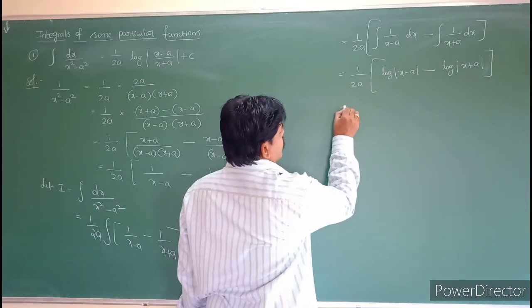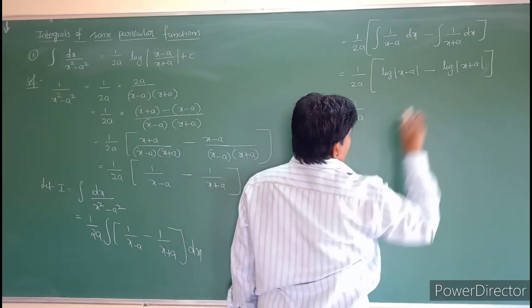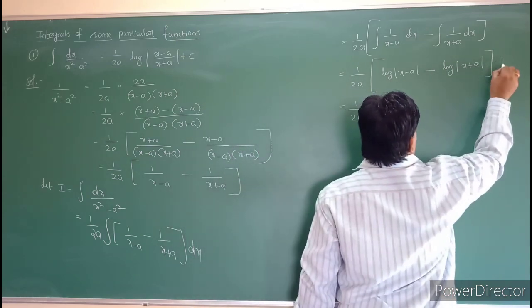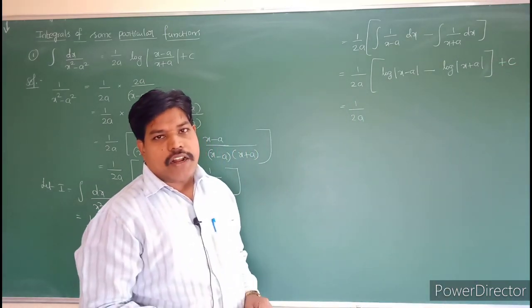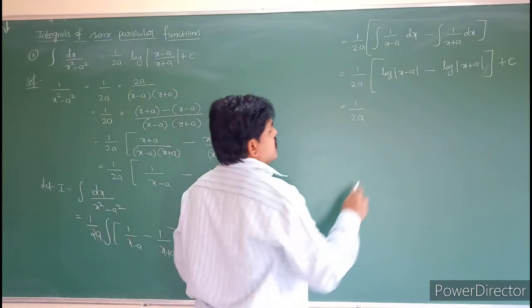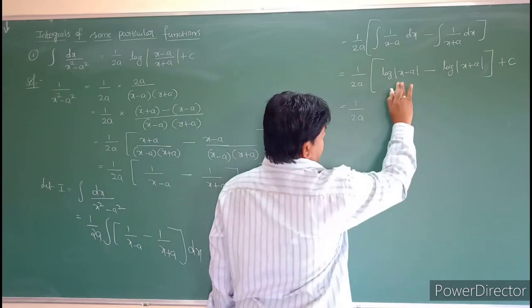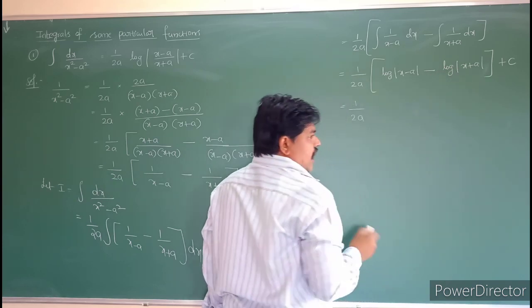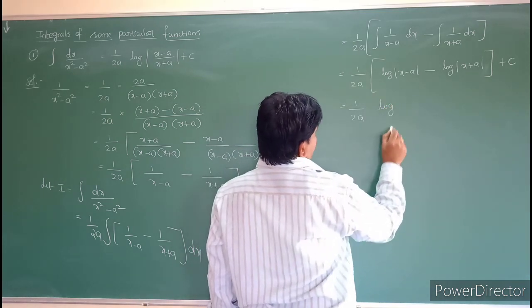So that is equal to 1 by 2a into log a minus log b. And also you can take the integral constant here. You can take the integral constant outside or inside also you can take the c. Okay. So that is the plus c. So it is in the form of log a minus log b. You can write as log of a by b.